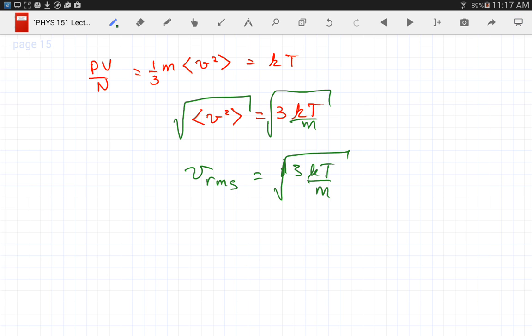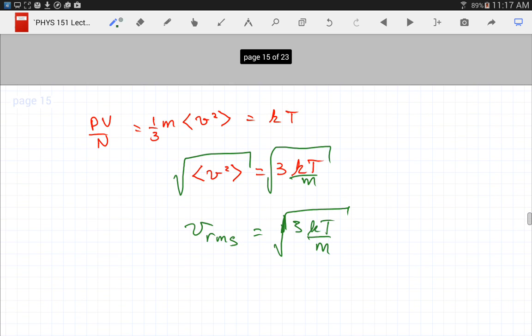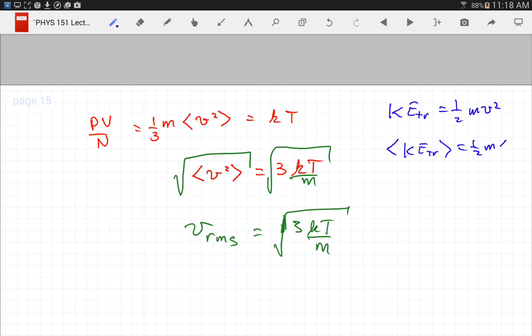So this root mean squared velocity, that's not the average velocity, but it's something that's going to relate to it. And when we look at the Maxwell-Boltzmann distribution, we'll see a relation. Now, coming back to the equation at the top of the screen, we also note that translational kinetic energy is equal to 1/2 mv squared, which means that the average translational kinetic energy is equal to 1/2 m times the average of velocity squared.